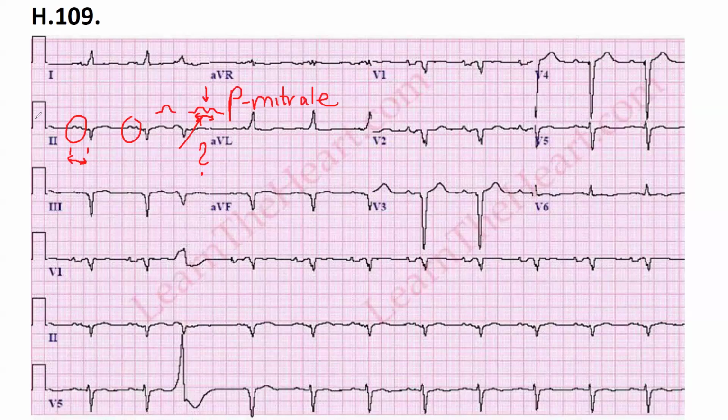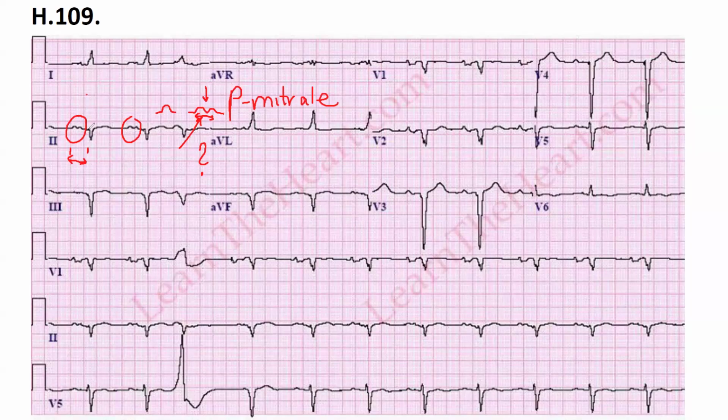This is called, these are the AV blocks. If you're evaluating the connection between the atrium and the ventricle, you are evaluating the conduction through the AV node. Okay. So what kind of AV block do we have?